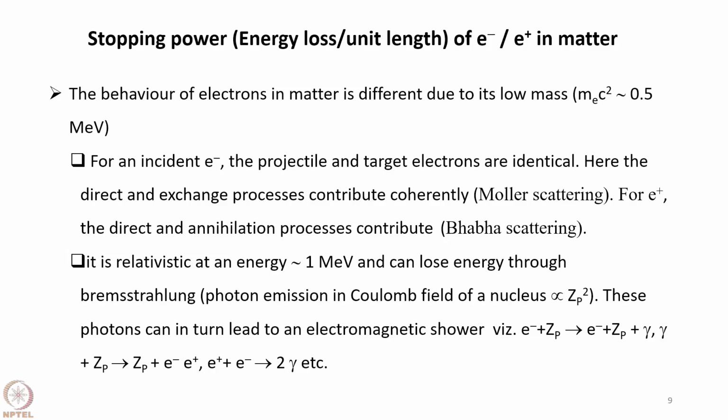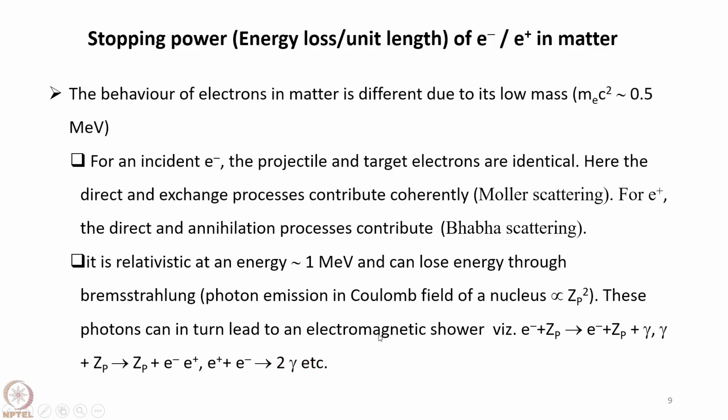These photons, of course, can lead to an electromagnetic shower, in the sense that once you produce the photon, it can again interact with the nucleus to produce the electron-positron pair, and then the electron-positron pair can annihilate to give you two photons, and so on.